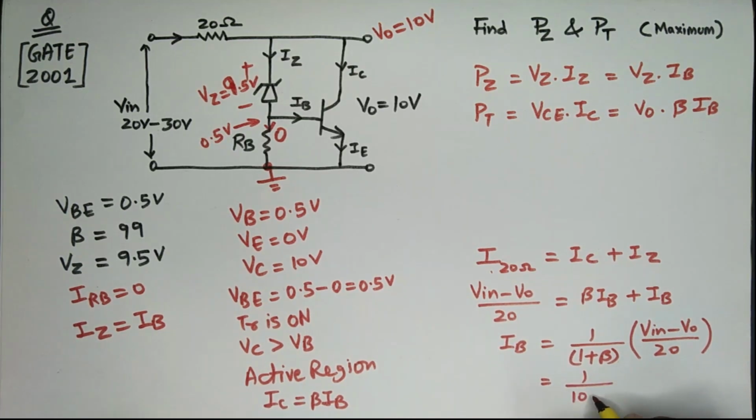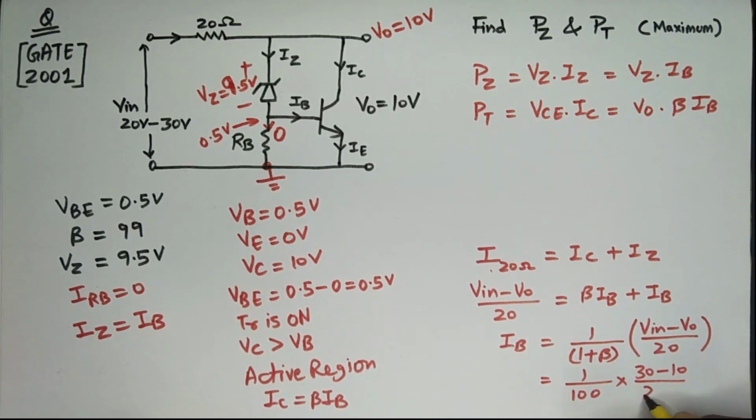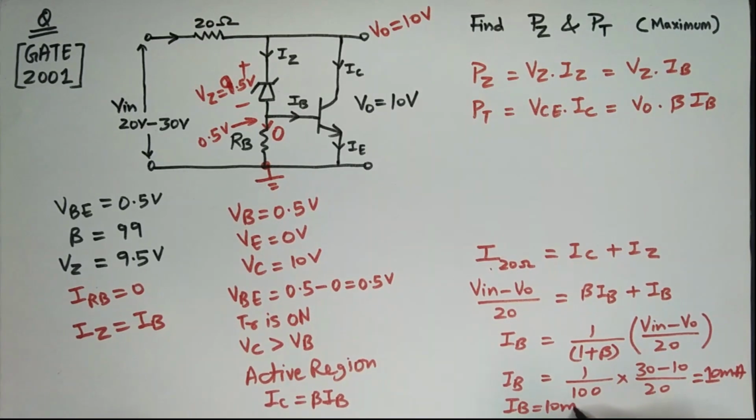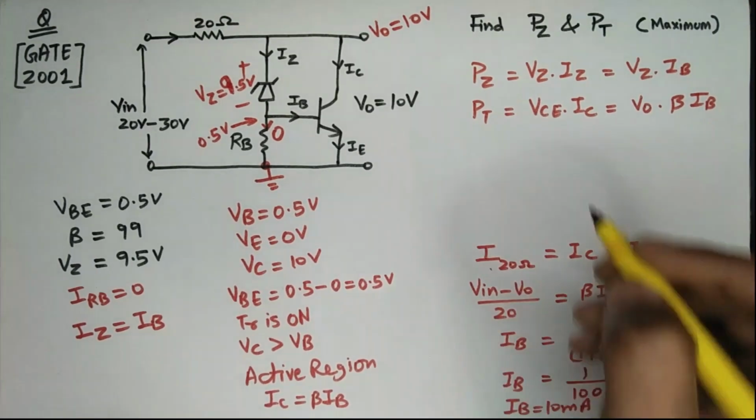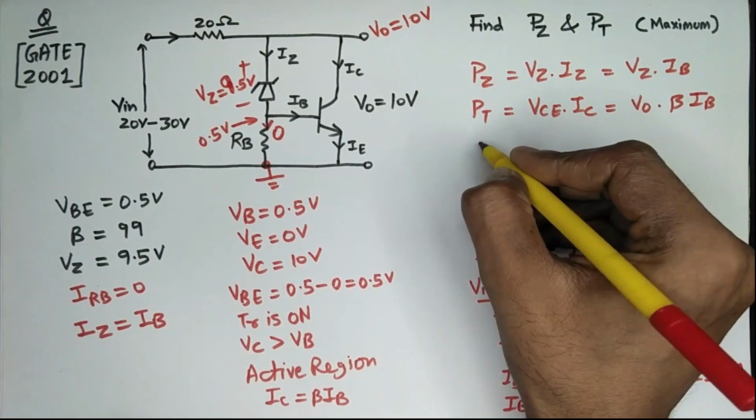Now by putting all the values, we will get IB as 10 milliamps. Now we can use this value of IB to find the value of PZ and PT.